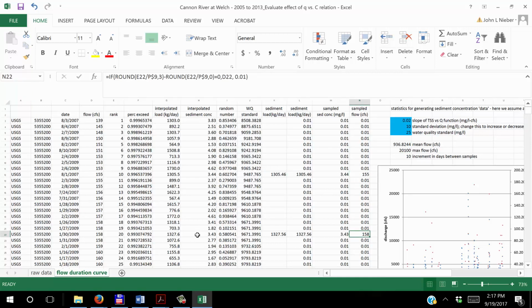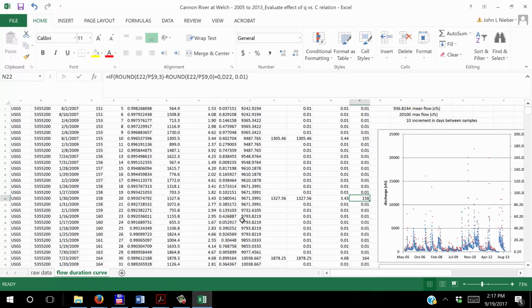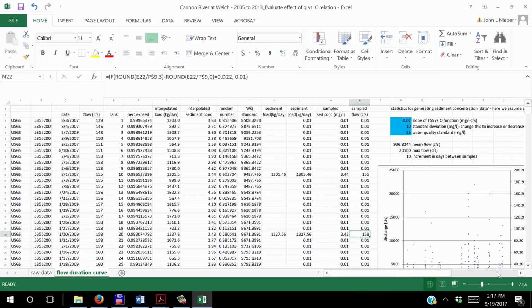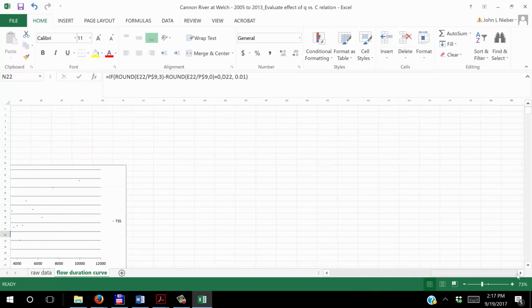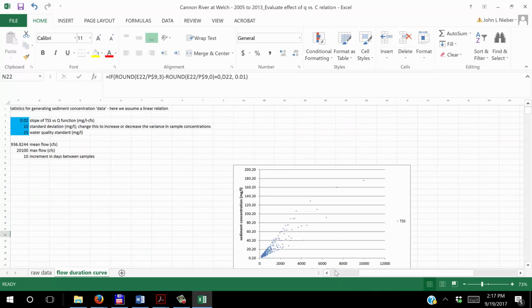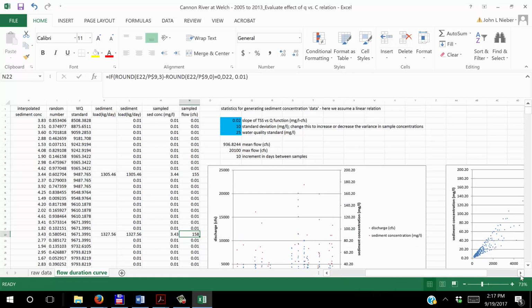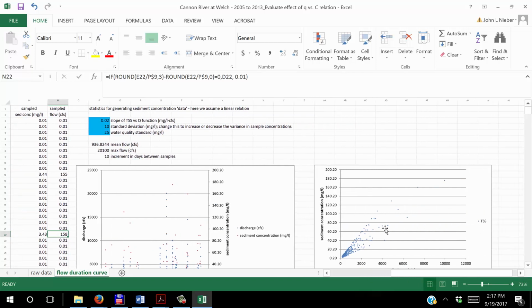And this is all artificial, but it's just a way to illustrate the effect of this uncertainty in the relationship between TSS and discharge.